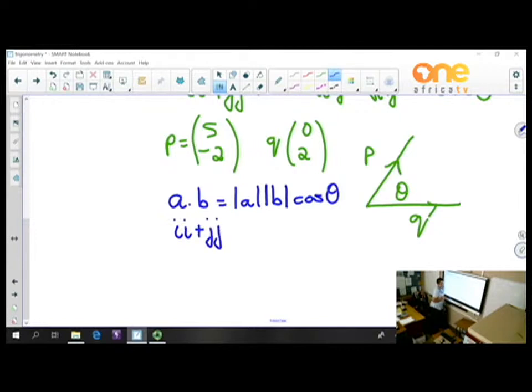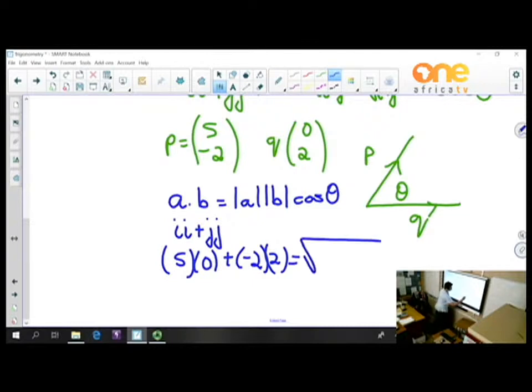This is now in 2 dimensions. So what is II plus JJ? It's going to be 5 times 0 plus negative 2 times 2. So here you multiply the 2 vectors with each other.